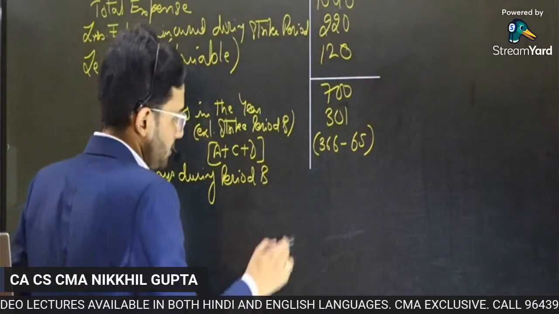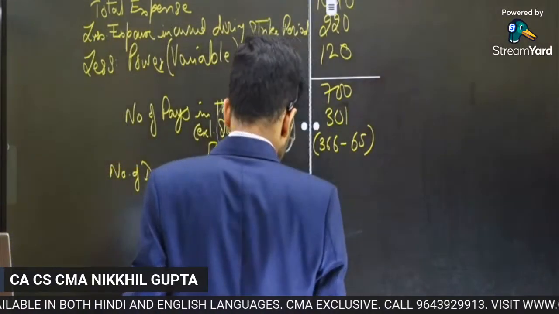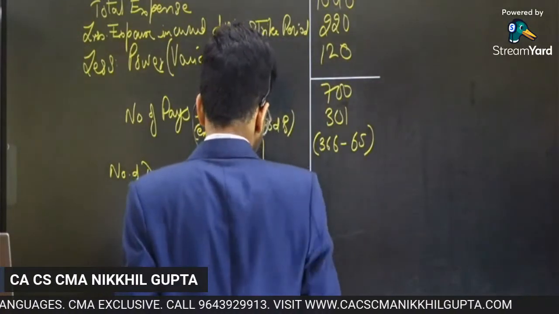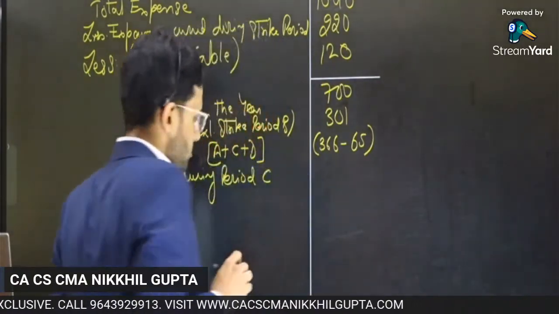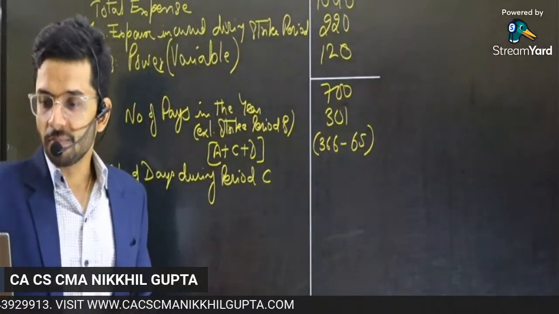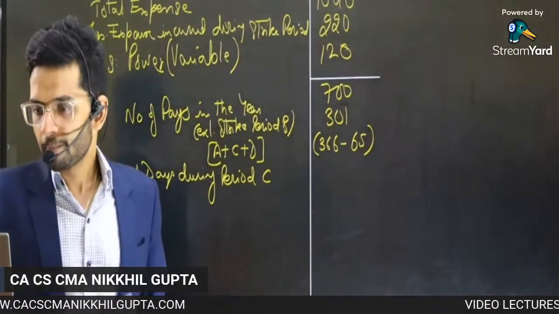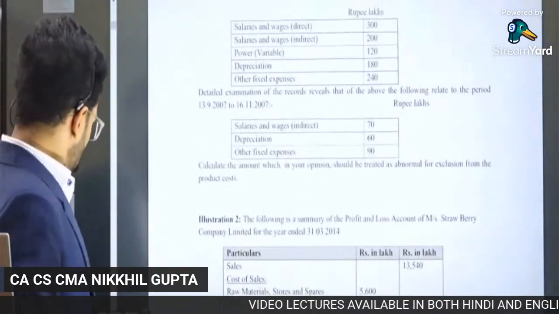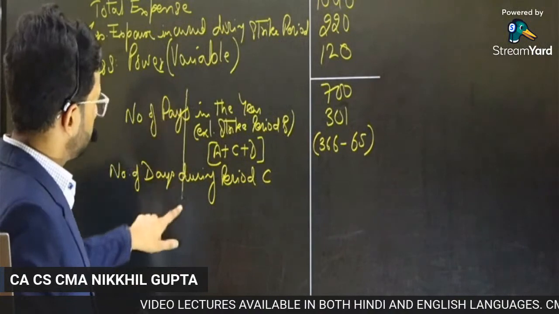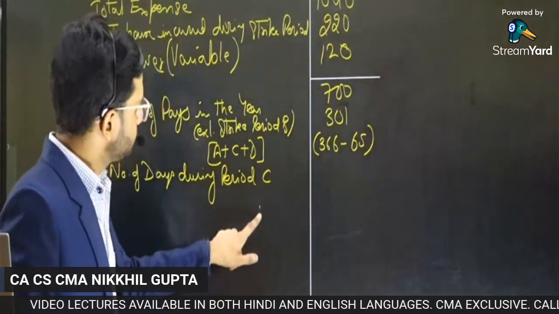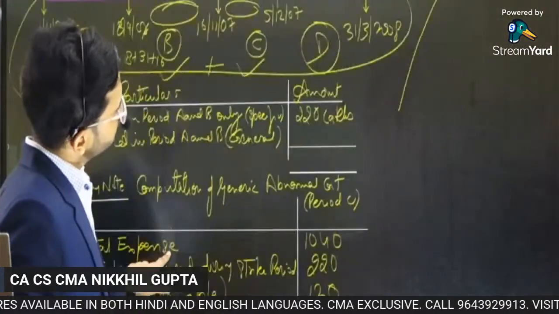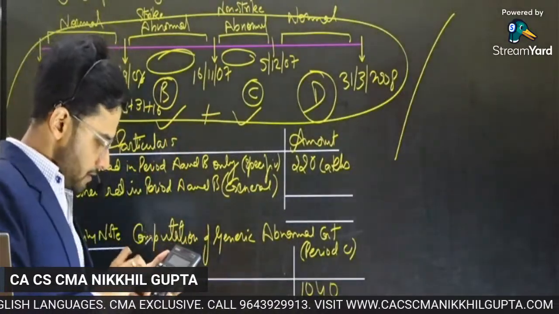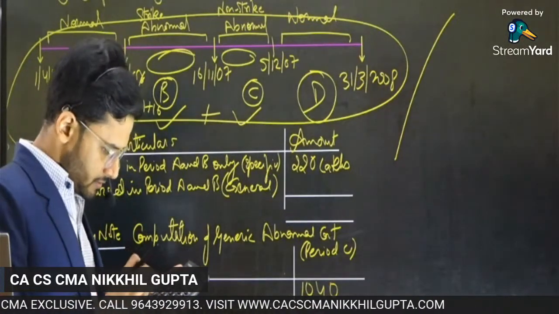Now, the number of days during period C. That is what we need to compute now. Period C starts from 17th of November.